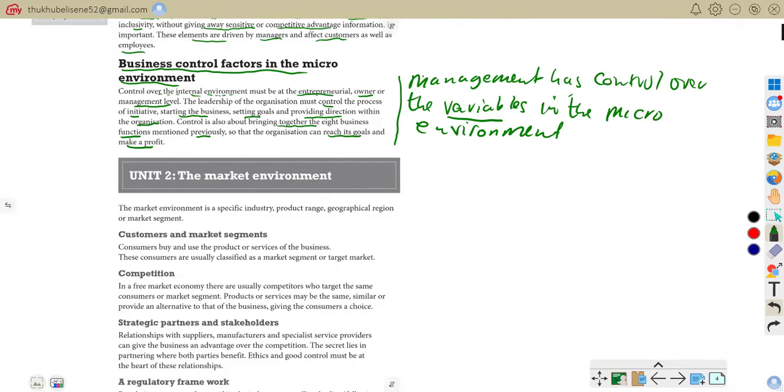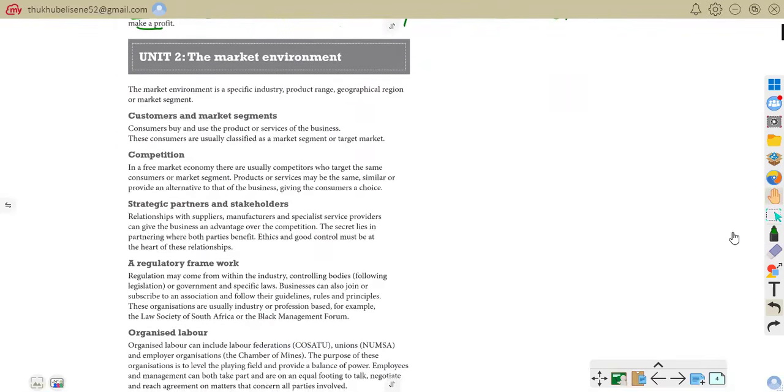So this is all about the micro environment. Now we're coming to unit 2. In unit 2, we are talking about the market environment. When you're talking about a market environment, it is found externally.